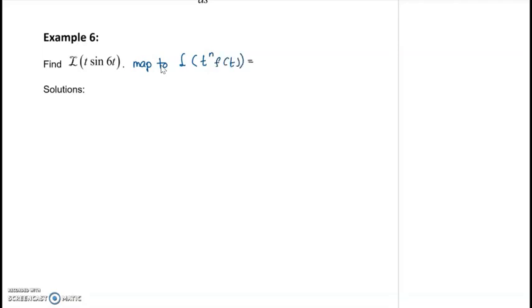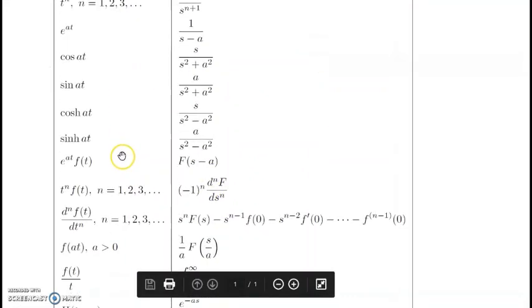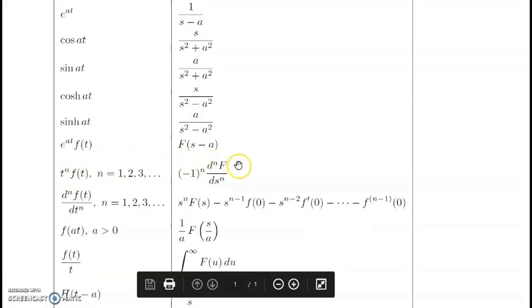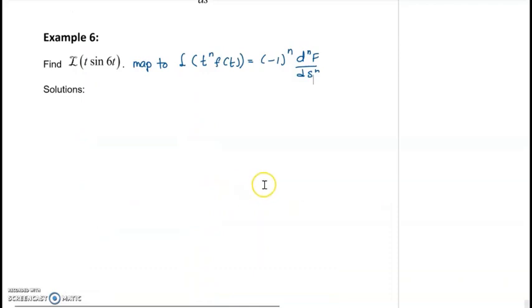The answer is supposed to be in the form of negative 1 power of n, d^n F over ds^n. If we refer to the table, this property is stated here: if we have a function f(t) multiplied by t power of n, then the answer would be in this form.